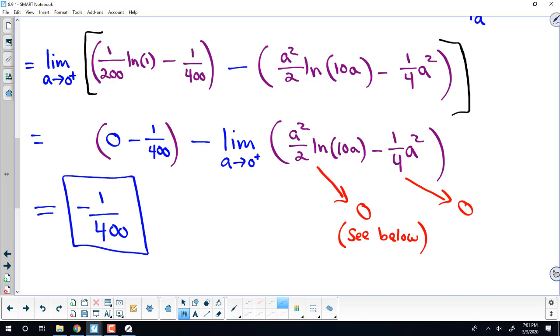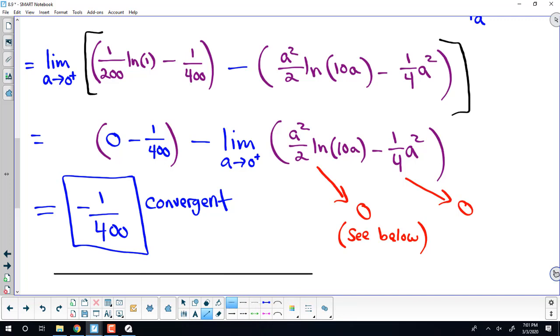So we've got a finite convergent area. Any questions?